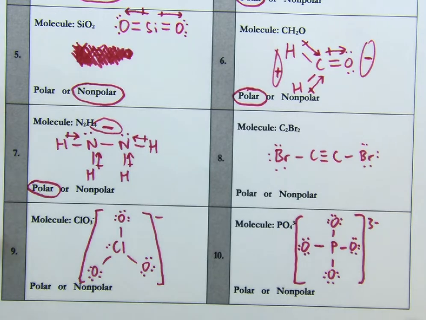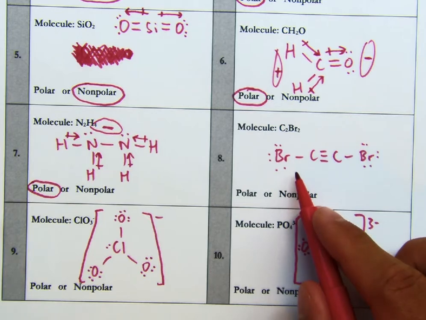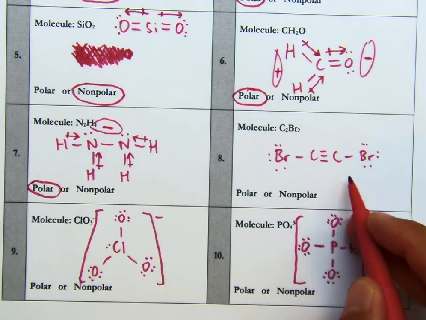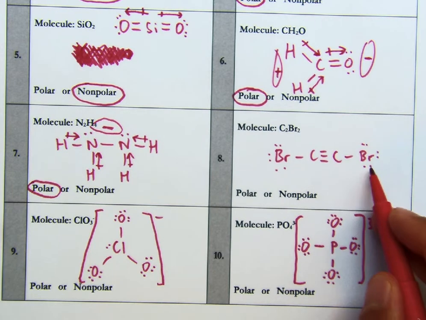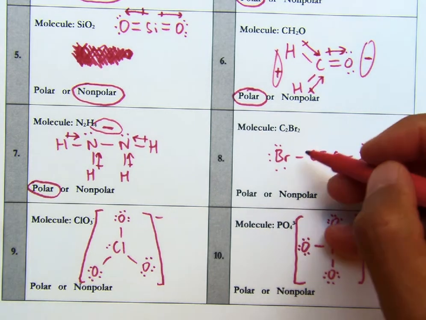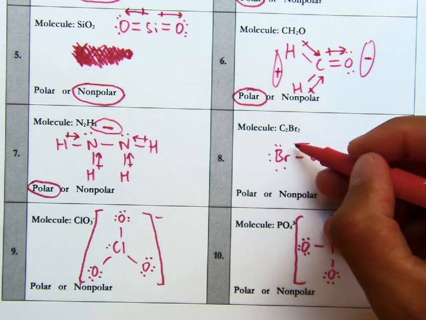But if you have a difference in electronegativity of more than maybe 0.5, you get some polarity on the bond. For this molecule, there's no difference between these two carbons, and you can see there's a Br on both sides. So Br is going to be a little bit more electronegative than carbon is.